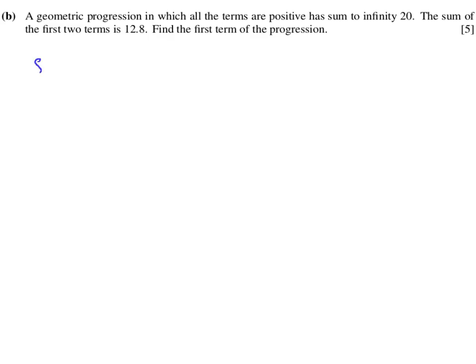So the sum to infinity is given and equals a upon 1 minus r. Let's say this is equation 1. Another equation: the sum of the first two terms, a and ar, equals 12.8. This is equation number 2.